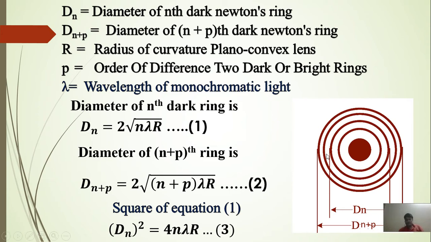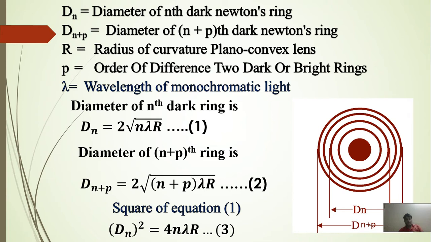The diameter of the nth dark ring we have already calculated in my previous video lecture: dn is equal to 2 under root n lambda R. That is equation 1.